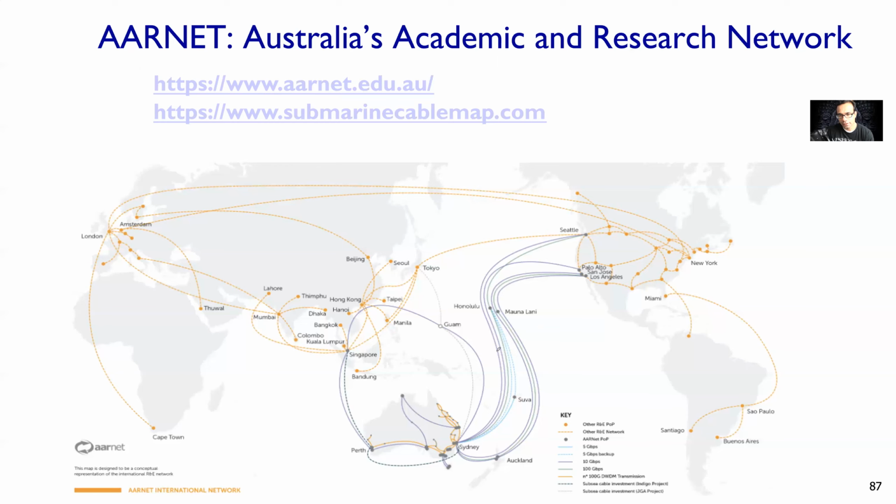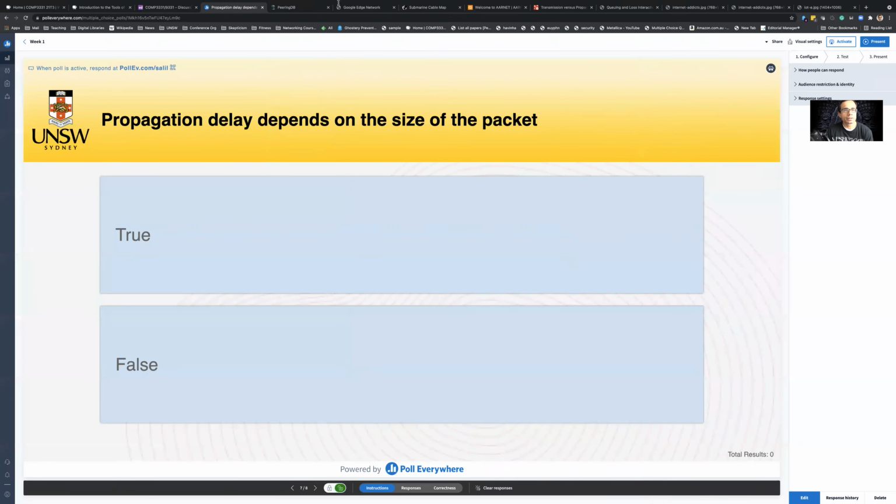But I think the ones that are not in yellow are the ones that are actually deployed by AARNet, right? And in fact, I'll walk you through this map a little later when I run some traceroute examples here in the lecture later. This is also another interesting thing to look at. So in fact, I might have that link open here.